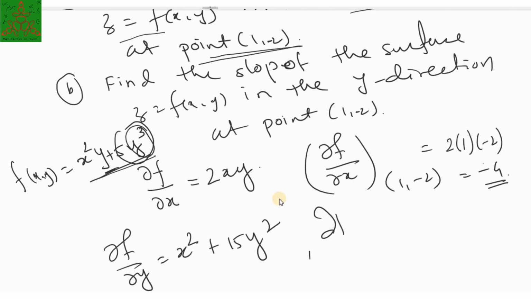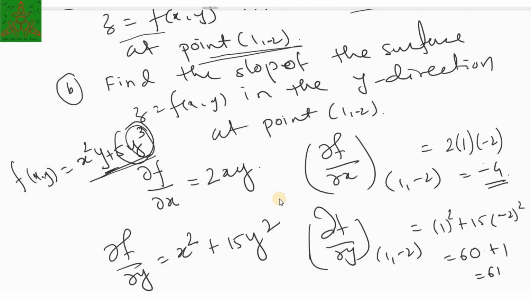Now at point (1, -2) this gives you 1² plus 15 into (-2)², so that is 60 plus 1, that is 61. So that means f or z is increasing at the rate of 61 per unit increase in y. So that's the way to see the slope of the surface in the x direction and in the y direction as I showed in that figure.